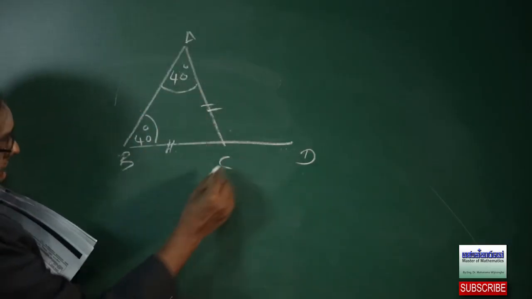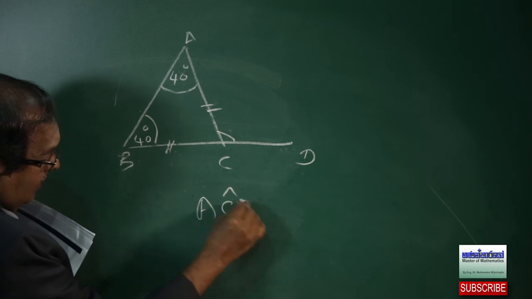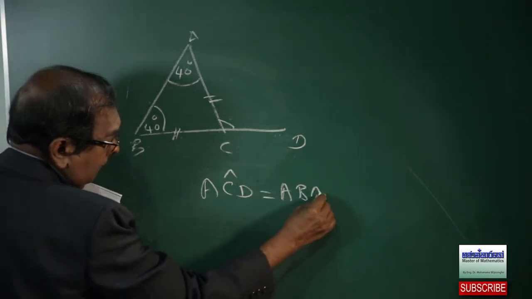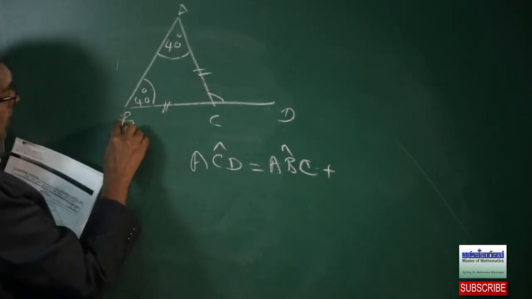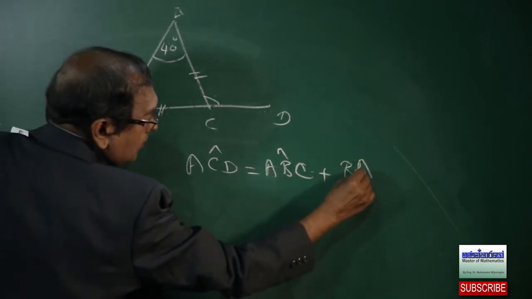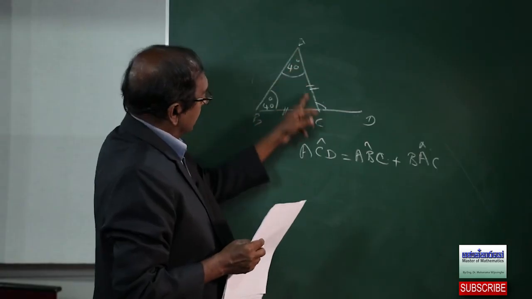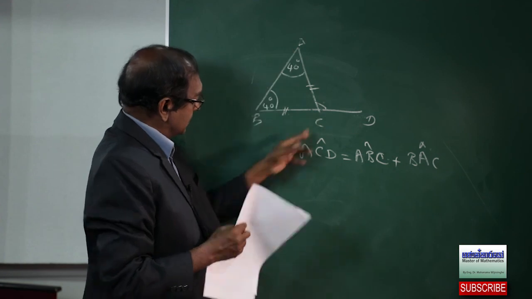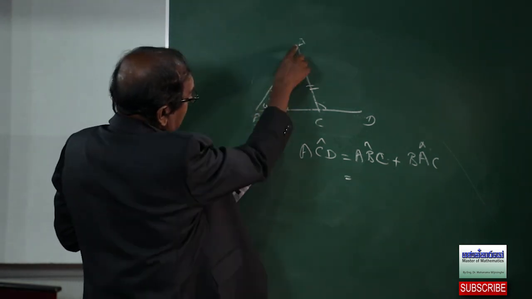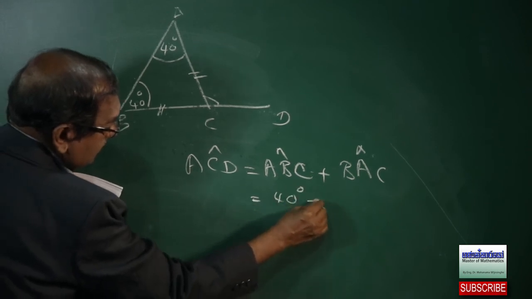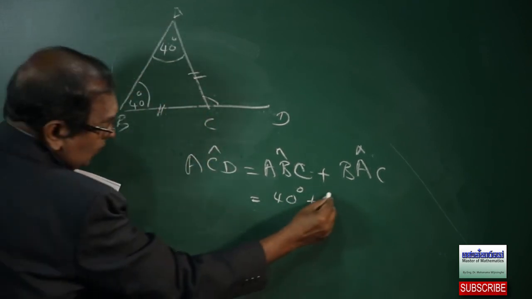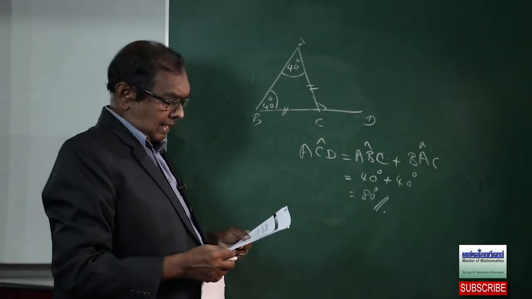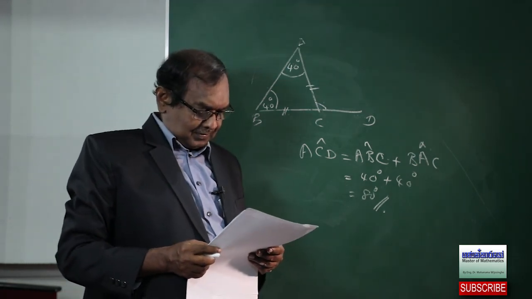Therefore, angle ACD equals angle ABC plus angle BAC. ABC is 40 degrees plus BAC is also 40 degrees. Then angle ACD is 80 degrees. This is the answer. Very simple.